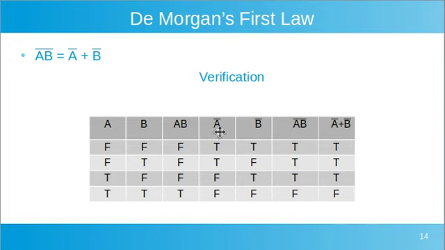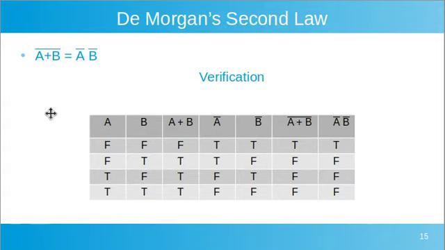Now A not or B not, that is the OR operation performed on A not and B not, will be true true true false. So we can see that the left hand side (AB) not equals A not or B not. The values are the same, so we can verify that the left hand side is equal to the right hand side.